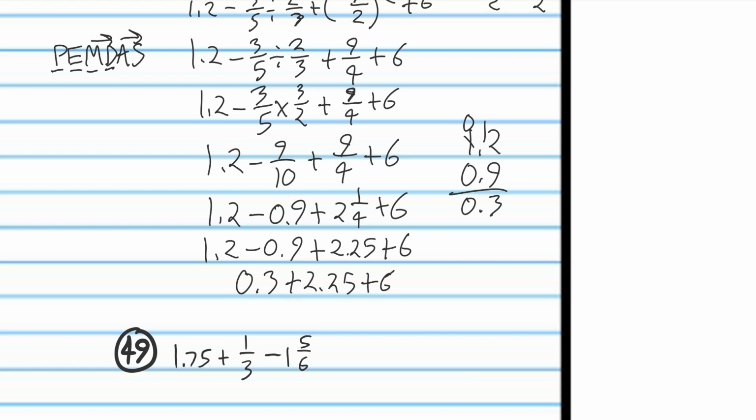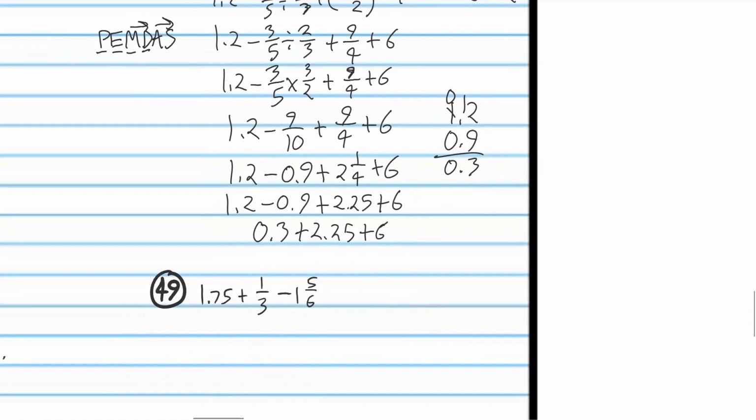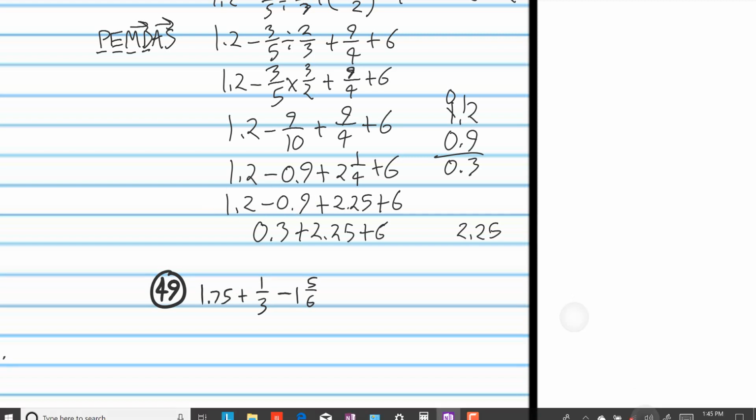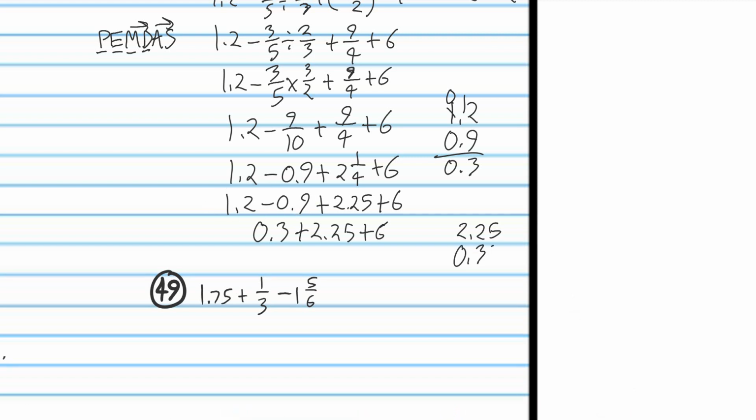So now that we have addition, we can actually just do all that part at once because it's all just addition. So there's not going to be any confusion there. The important thing was to do this part first. That's where we get into trouble if we don't go left to right. And remember, the 6 goes here.